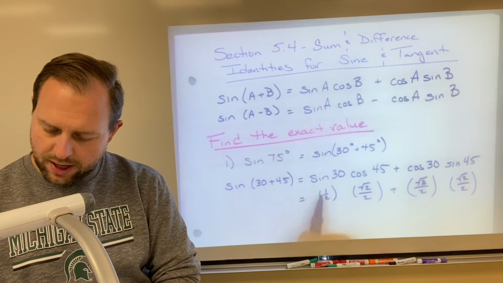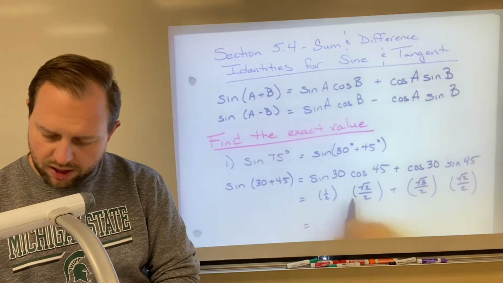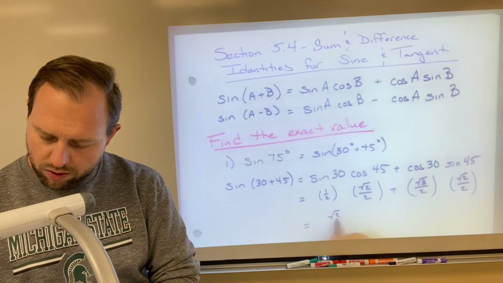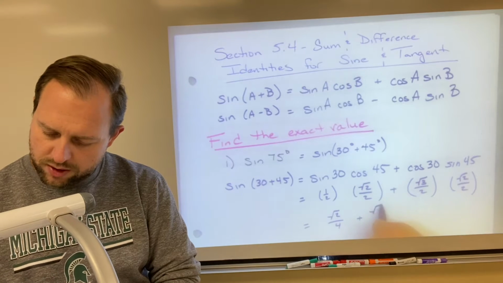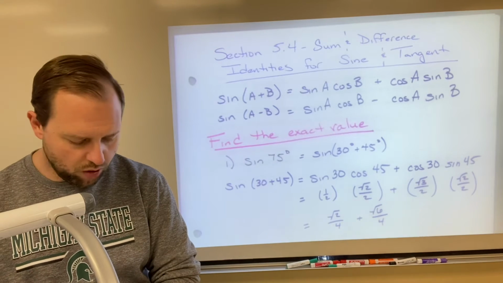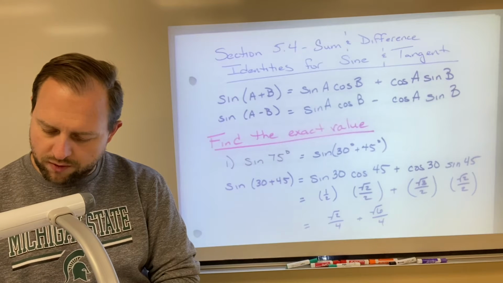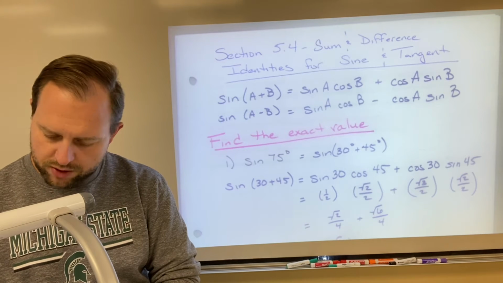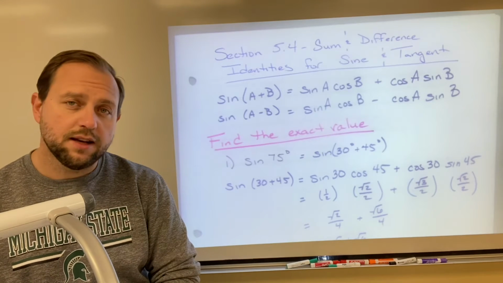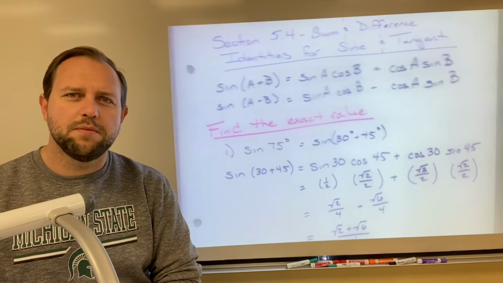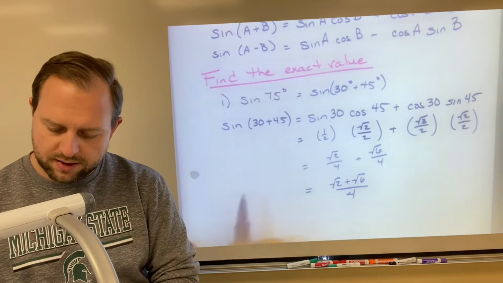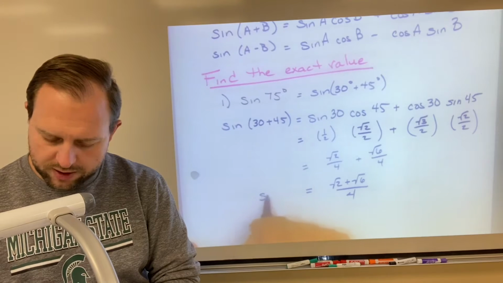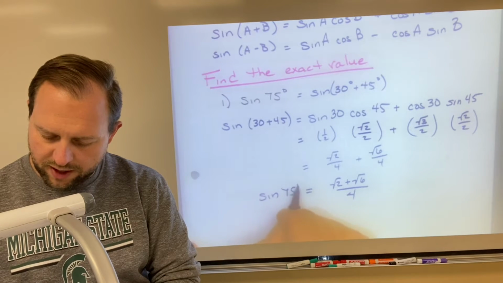When we put these together, the first part becomes root 2 over 4, and the second piece becomes root 6 over 4, and we can write those together over one fraction: root 2 plus root 6 all over 4. We cannot take a 2 out of everything because some terms are under a square root sign, some are not. And all of that is equal to the sine of 75 degrees.